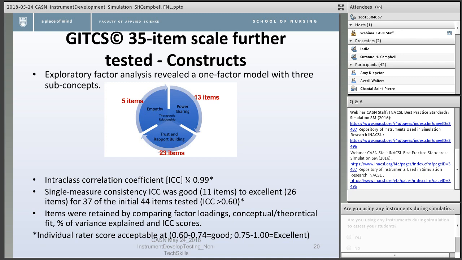You're usually looking for interclass correlation coefficients of good to excellent, and that is how we determined how many items out of the 44 to keep. That's how we went down to our 35-item scale. And that ranged from good to excellent, all of those items. So again, that is pretty good to know.